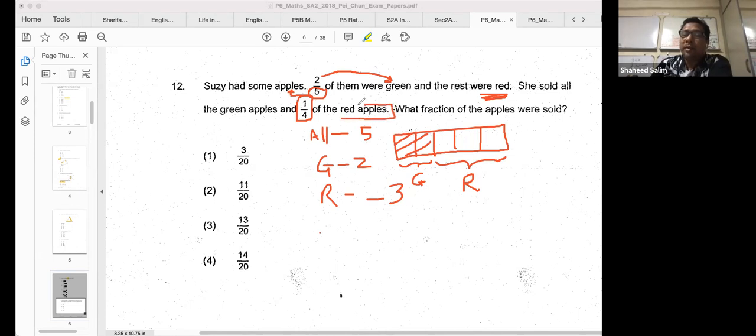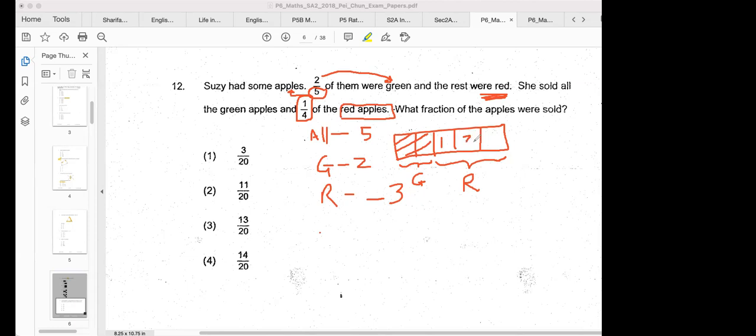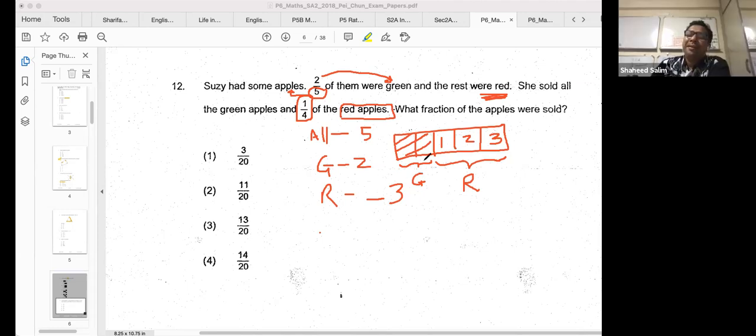Tell me how many parts are red, Shakil? 3. Down here will be 3. So 1/4 of means times. The balance is 3 out of 5, you know. You must write it like that to know exactly how much 1/4 is of all the apples.